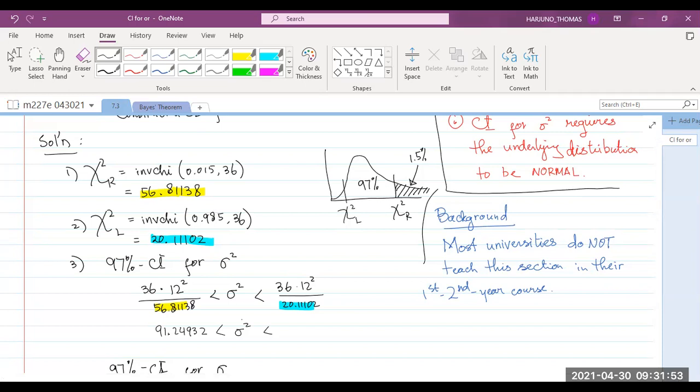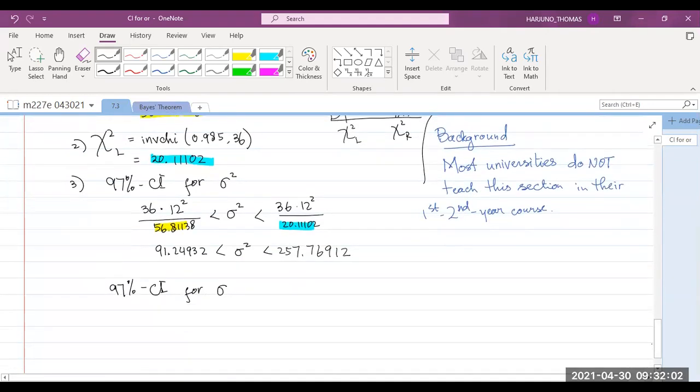At the denominator, I get 257.76912. Now the confidence interval for the population standard deviation will be the square root of those numbers.